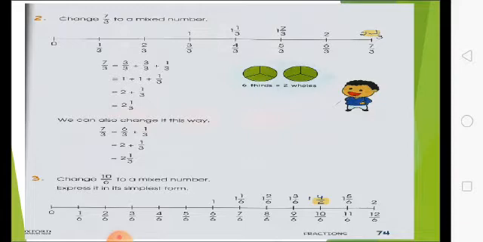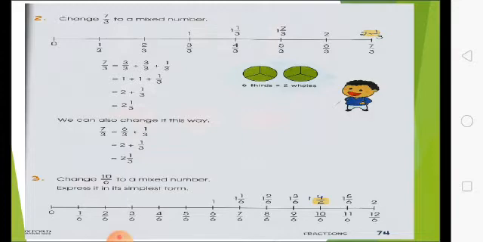If we start from number 0, we see that from 0 till 1 we have three parts. The first point just after 0 is represented by the fraction 1 over 3, next by the fraction 2 by 3, and next to it is the fraction 3 by 3, which also equals 1 whole. In the same way we move further.